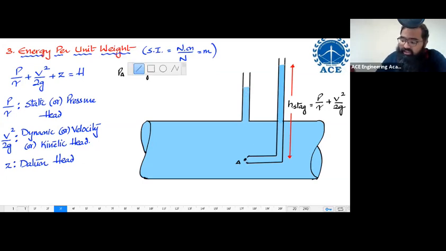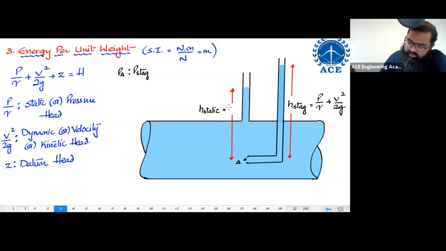So this head over here is representing static head. H static, and the value of H static is equal to P by gamma.